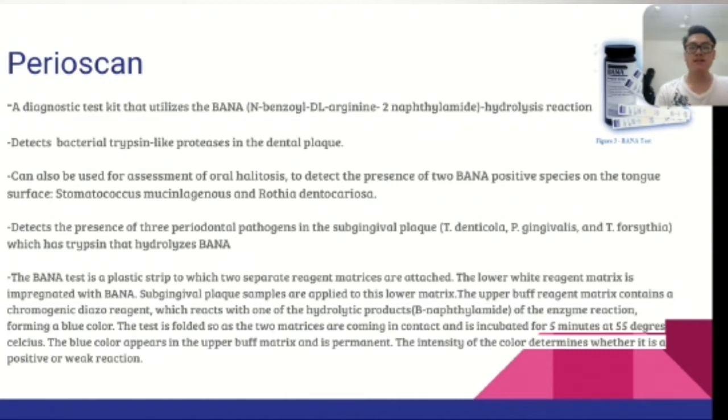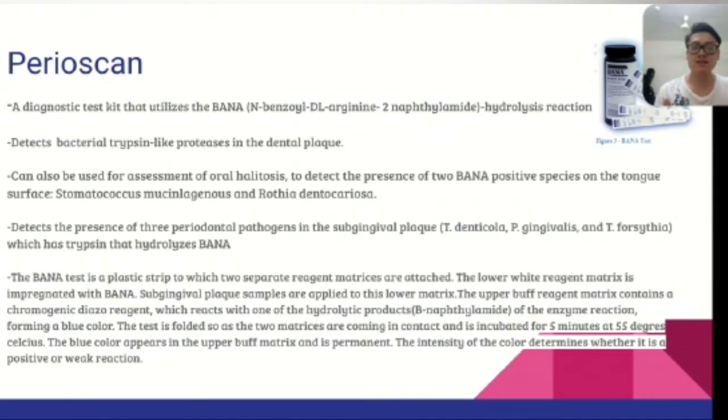So the BANA test is actually a plastic strip to which 2 separate reagent matrices are attached. The lower matrix is impregnated with BANA. Subgingival plaque samples are applied to this lower matrix. The upper buff reagent matrix contains a chromogenic diazo reagent, which reacts with one of the hydrolytic products of the enzyme reaction, which is beta-naphthylamide, to form a blue color.